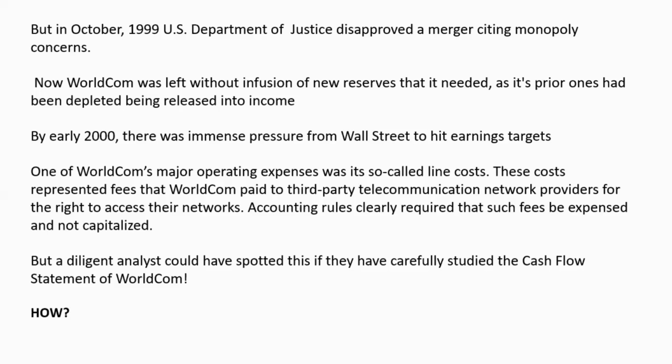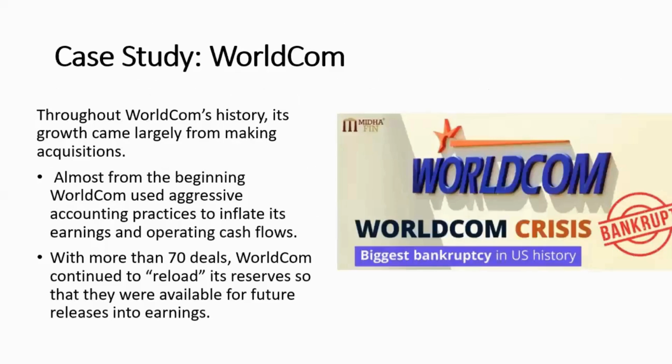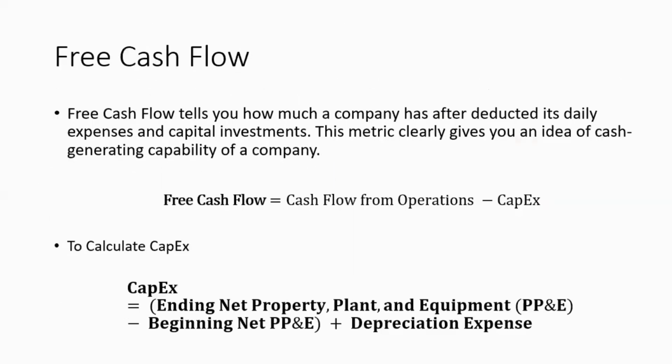Now, an analyst or aspiring analyst like you and me, if we had carefully studied the cash flow statement of WorldCom, could have figured out what went wrong. What is that metric? That metric is free cash flow itself, because when we capitalize it as an asset, it shows up in capital expenditure.